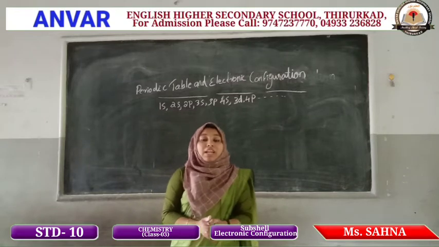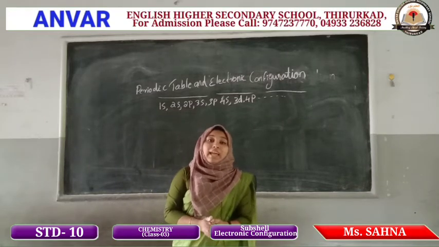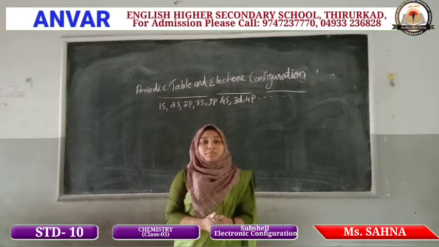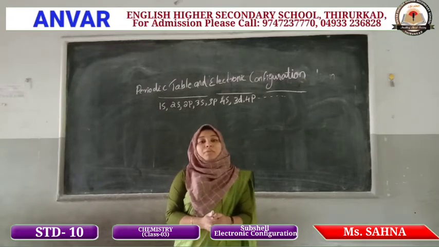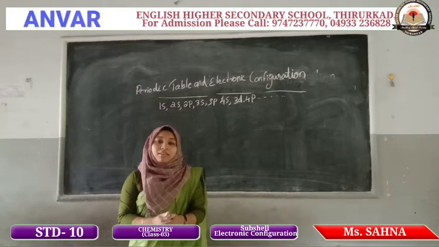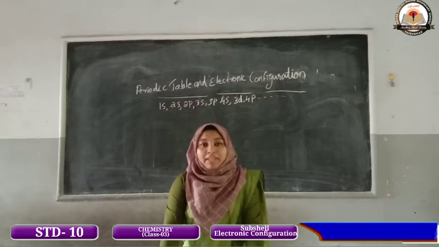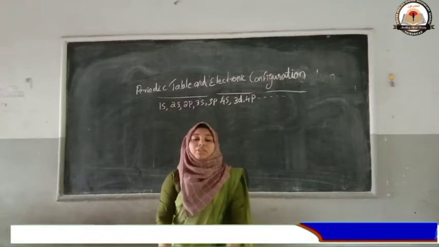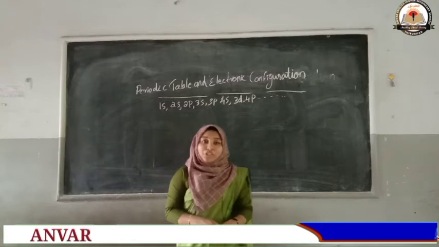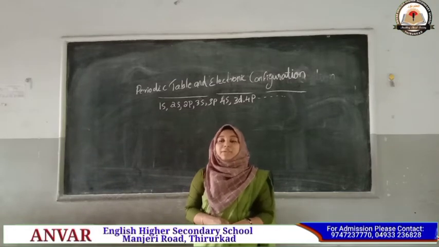Write the atomic number, subshell electronic configuration and their short form of the elements given below. I repeat, write the atomic number, subshell electronic configuration and short form of the elements given below.